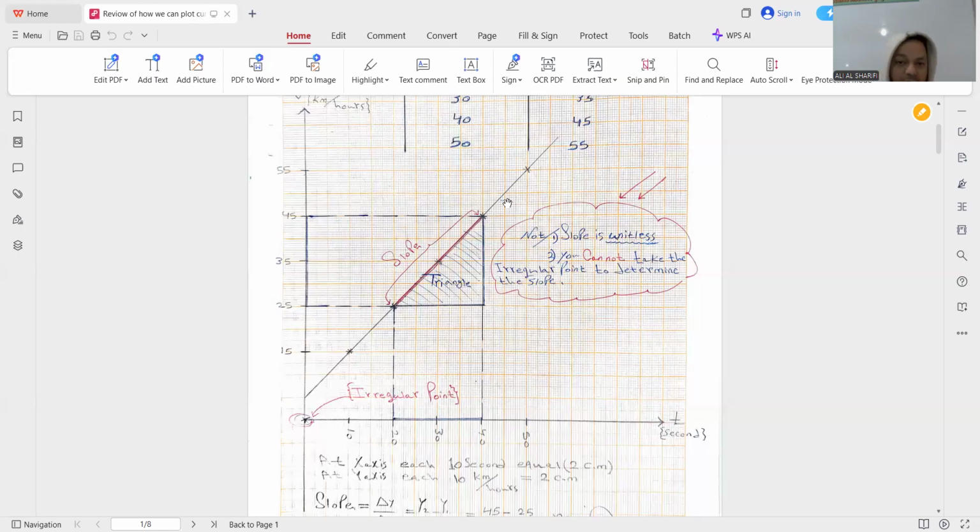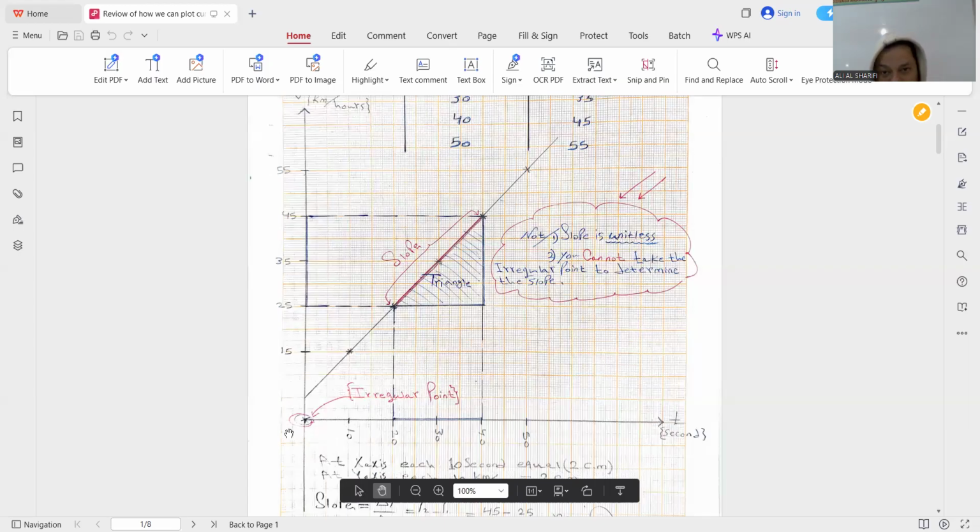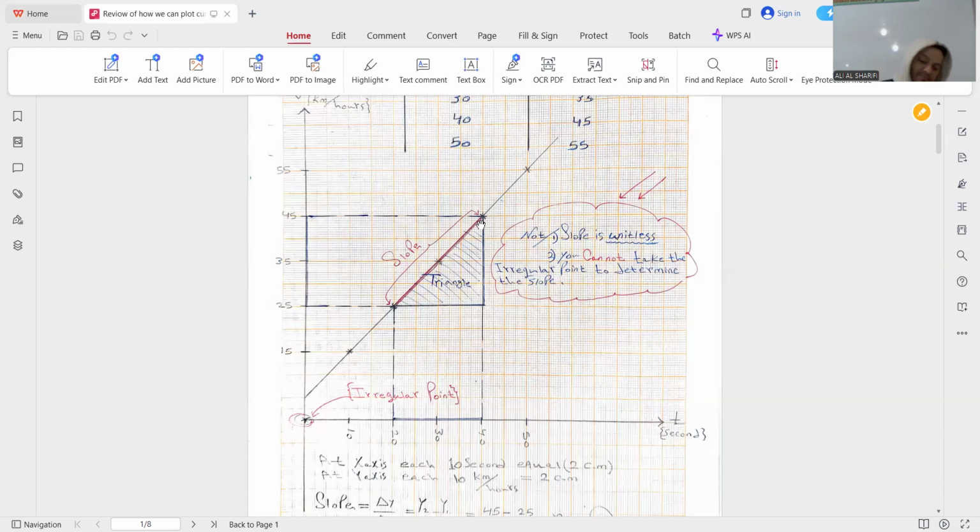Maybe it will go through just 4 points, and one or two of them will be off this line. That means I have a regular point, like 0, 0, the origin point. It's not a condition to be on this line. The most important thing is that more than half of my points must lie on my line, not all, okay?